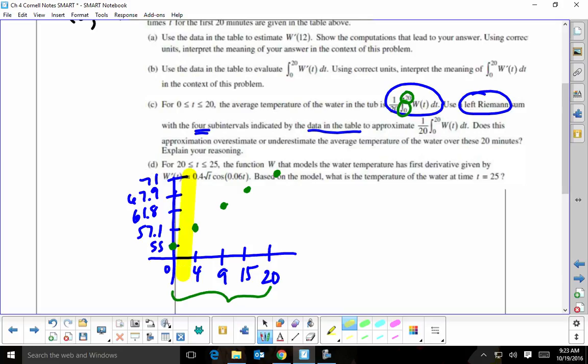So I have this one going on, this one going on, this one going on. There's 3. And now there's 4. So there's where my 4 subintervals are. And it said a left Riemann sum, so I'm starting from the left and coming over when you're in that interval.